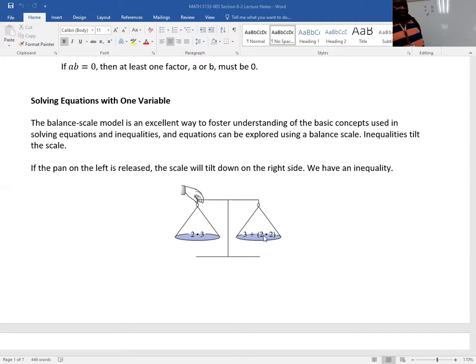But on the right side, 2 times 2 is 4, and 4 plus 3 would be 7. And 7 is bigger than 6. So this side of the scale will go down because it's heavier. The heavier part would go down. The lighter part would go up because it's less than.